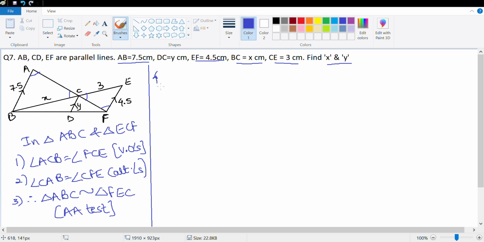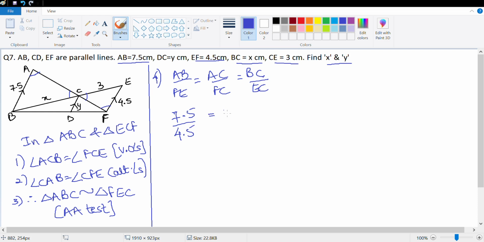Which means let's try and write the proportionality: AB upon FE will be equal to AC upon FC, which will be equal to BC upon EC. Let's see what we get from here. AB is given equal to 7.5, FE is given equal to 4.5, and we need to find BC.